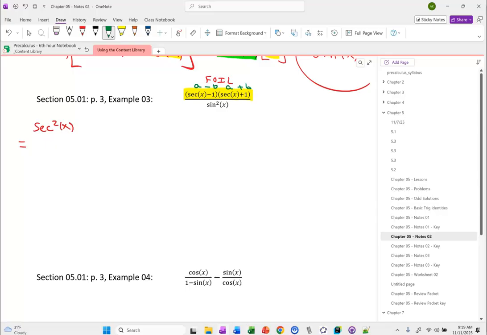Right, that's an a minus b times an a plus b. That's a difference of two squares. That'll save us having to FOIL it, so it's a minus b times a plus b, which is a squared minus b squared.